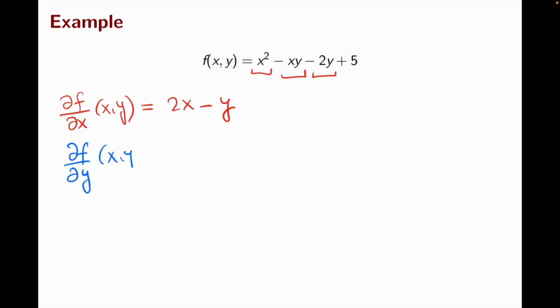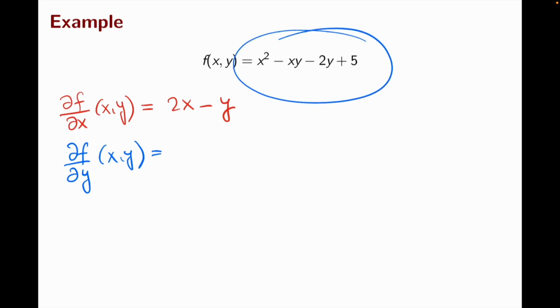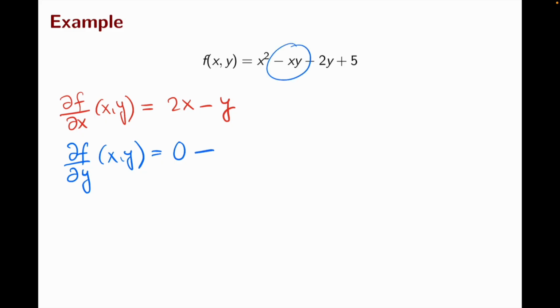Okay, so let's do the same now for the derivative of this function, but now with respect to y. So we are going to consider now this function as a function of y only. So every time that x appears, it will be considered as a constant. So in that way, the derivative of x squared is just 0, minus the derivative of minus xy.